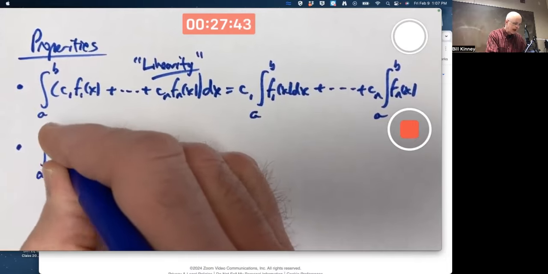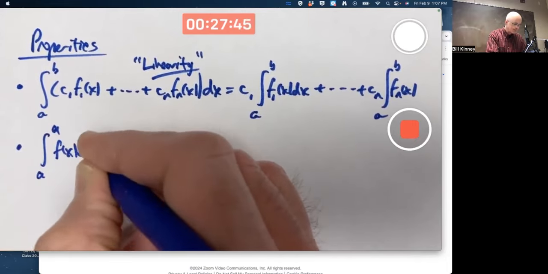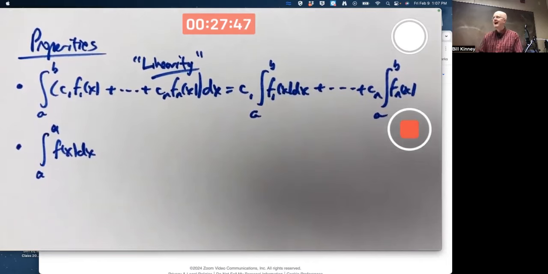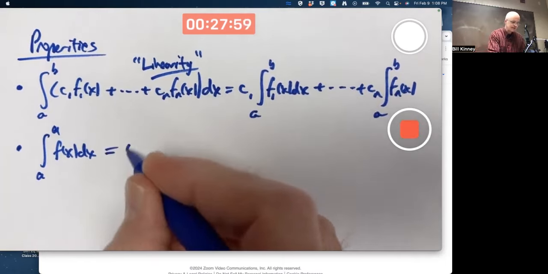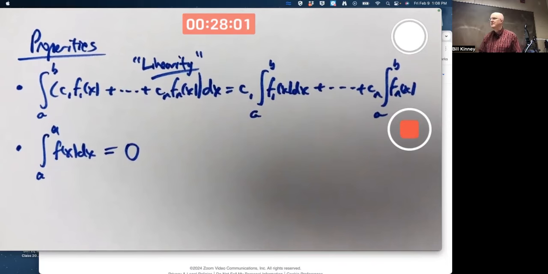The integral from a to a, what would make sense? The integral is degenerate. It's just a point. I'm trying to find the area of a line. Lines have no area. It makes sense to define the answer to be 0. And that's what we do. And that is handy sometimes to know.